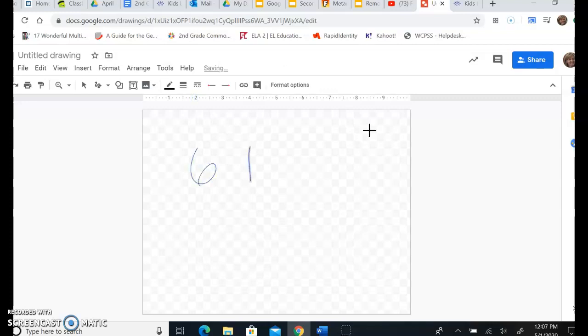Then she added 7 more. We need to find a total. That's our first step. So 6 plus 7. 6 plus 6 I know is a double, and that equals 12. So 6 plus 7 is 1 more, or 13. So her total before she made her mistake was 13 inches.